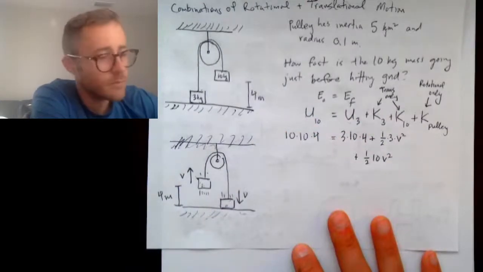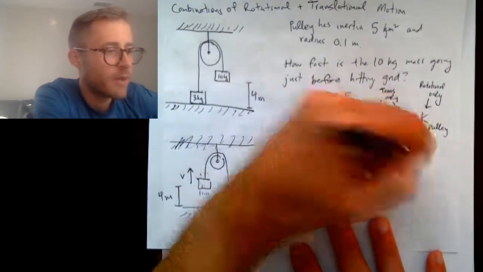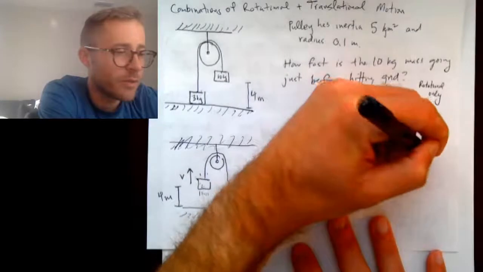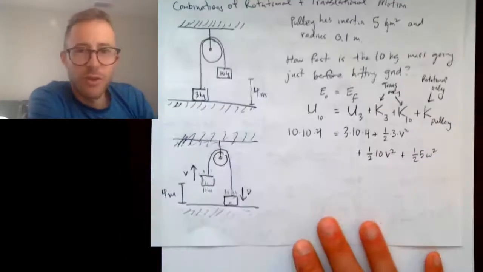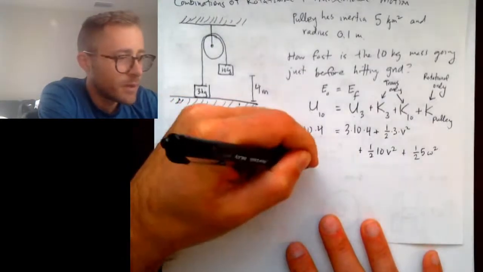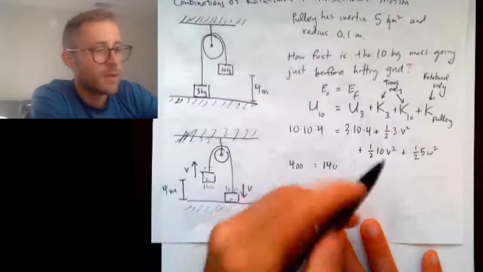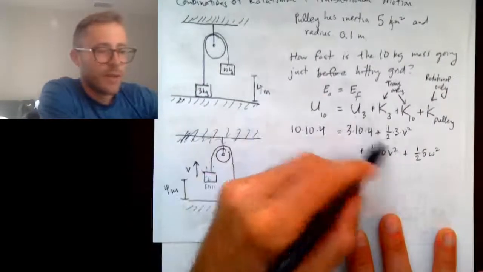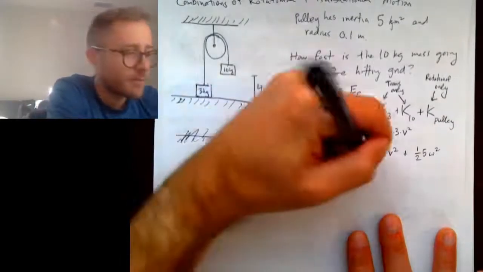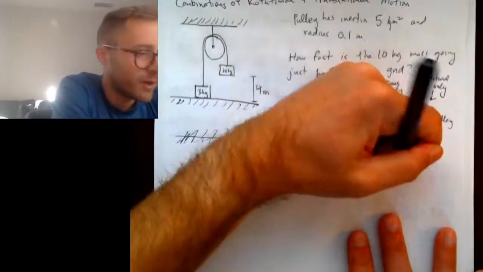All right. And then we have the pulley, which is 1/2 I, the inertia is 5, times omega squared. All right? So I'm going to do a little simplification. So this is 400. This is going to be 120. This 3/2 is 1.5. Half of 10 is 5. Half of 5 is 2.5.